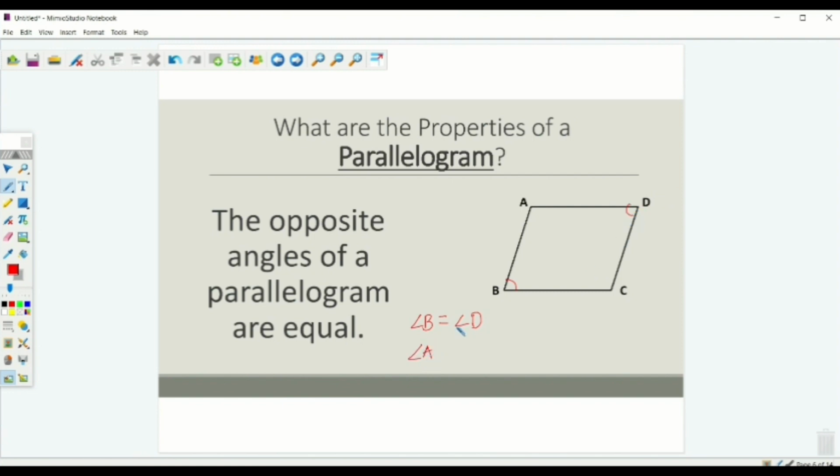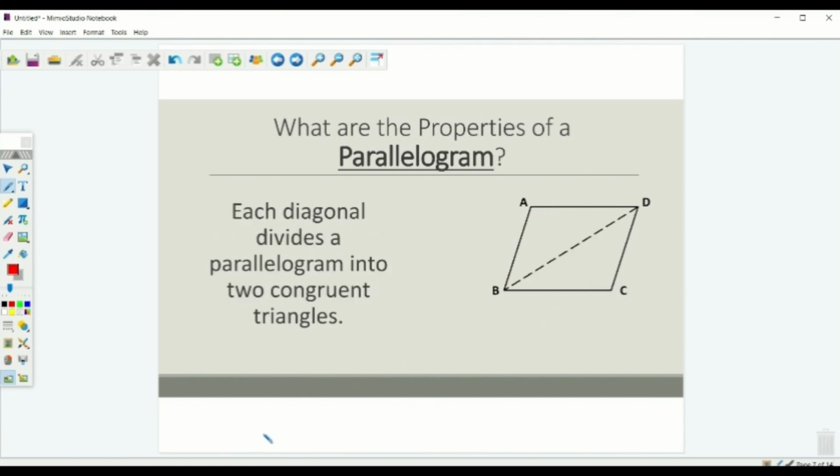Also, angle A, which is this one, is equal to angle C. For example, angle B measures 60 degrees. Then we can say that angle D is also 60 degrees based on the properties of the parallelogram. Opposite angles are equal.